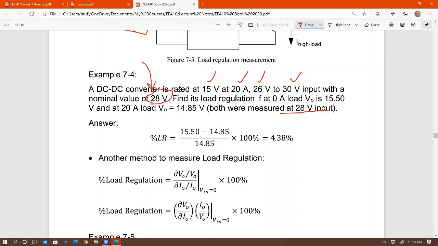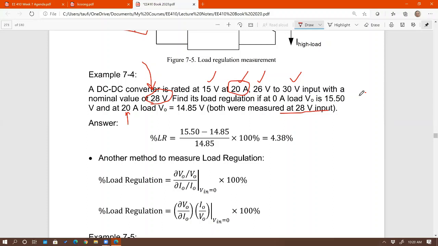Let's see. At 0 amps, output voltage is 15.5 volts. And at 20 amps, that's 100% load. So for this example, I'm using 0% to 100% load. At 0% load, output is 15.5. At 100% load, the output voltage is 14.85.